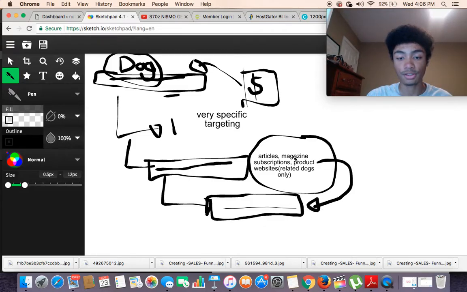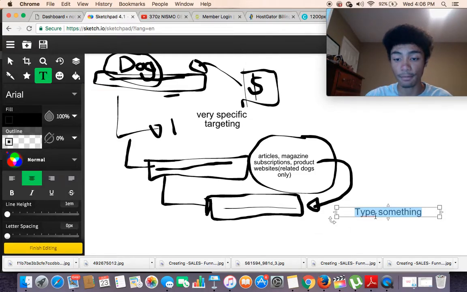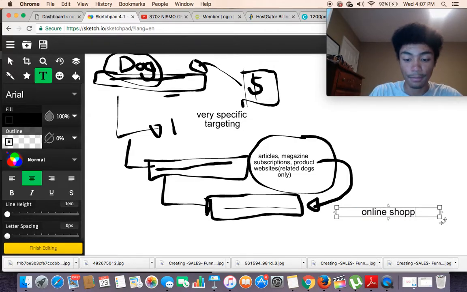You're making it more specific. Not only are you targeting people that like dogs, not only are you targeting people that pay for subscription services, magazines, and product-related websites. From here, what you want to do is literally just put online shopping. So online shopping or online shoppers.